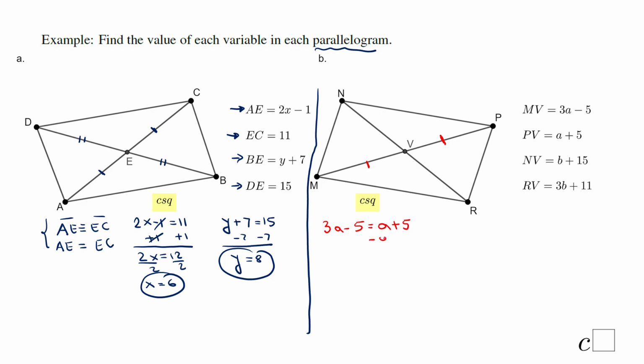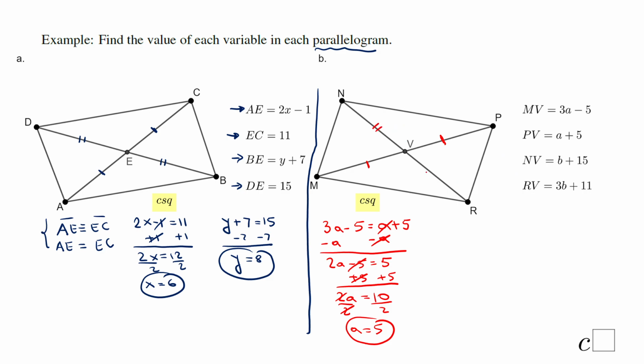So subtract a, and we have here 2a minus 5 equals 5. Add 5 to get rid of the minus 5. And we have 2a equals 10. And the last step here for finding a is divide by 2. And a equals 5.